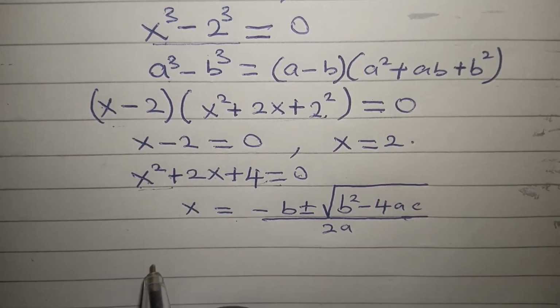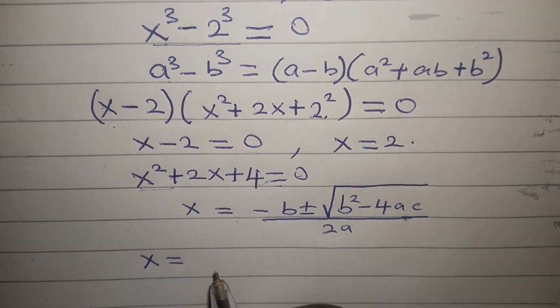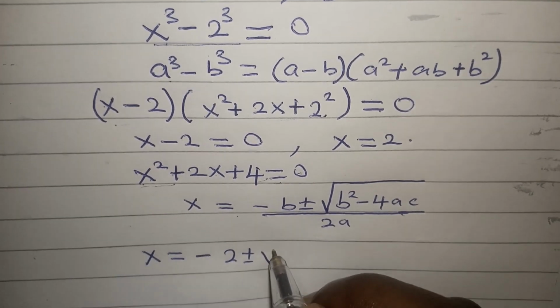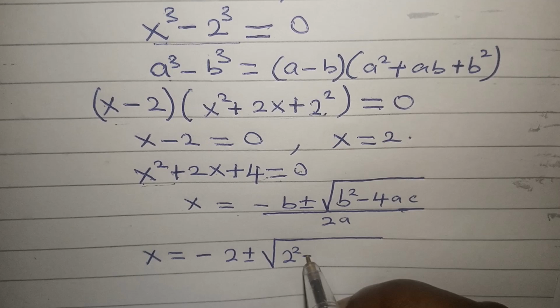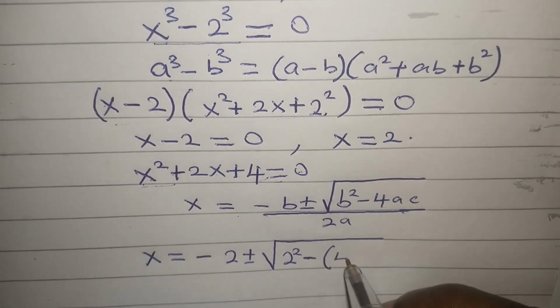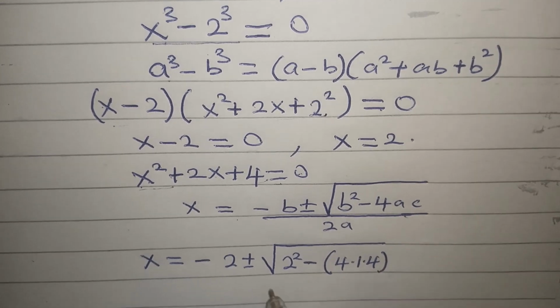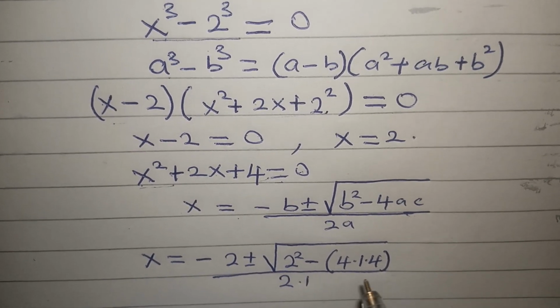So we can see our x is equal to minus 2 plus or minus the root of 2 square minus open bracket 4 times 1 times 4 close bracket over 2 times 1.